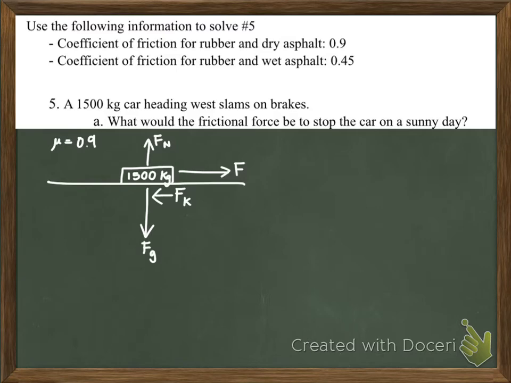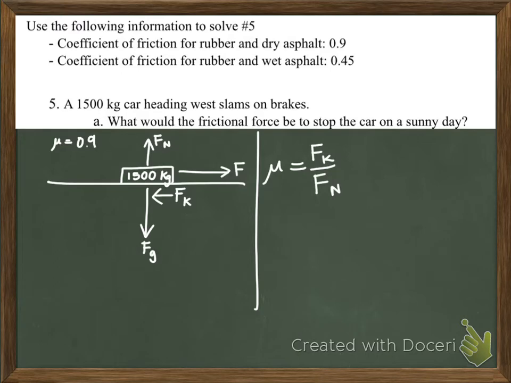So we're going to be using this formula right here. It's mu equals the kinetic friction over the normal force. Okay, this is the formula we're going to be using to solve this. So let's go ahead and fill in what we have.